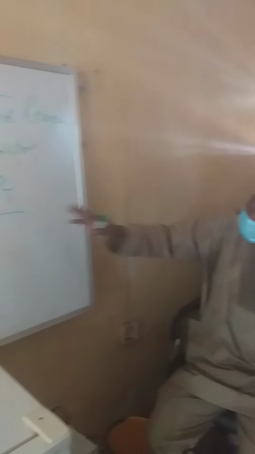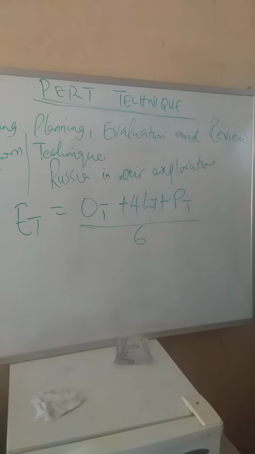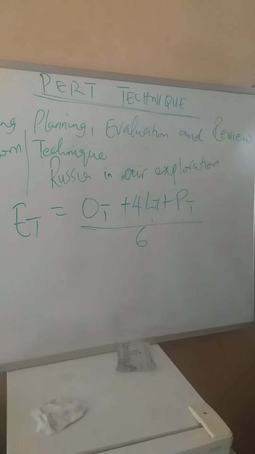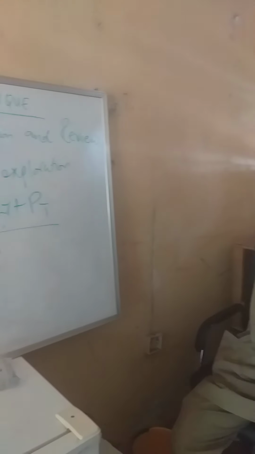So the OT is the optimistic time that is required if perfect condition will prevail. There is the English word optimistic, and there's another one, pessimistic. Pessimistic is the opposite of optimistic.